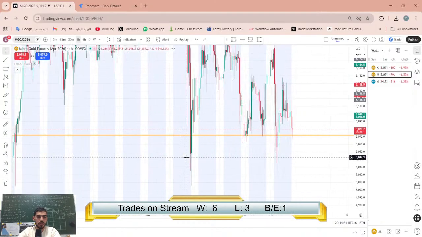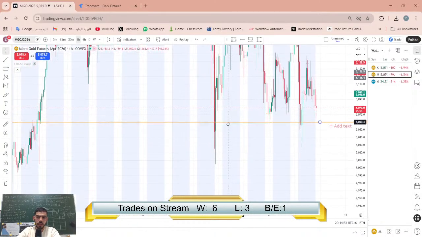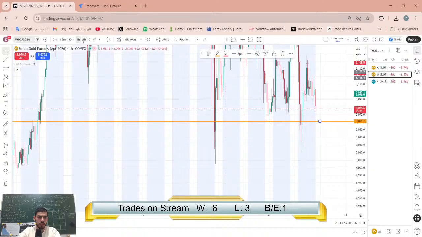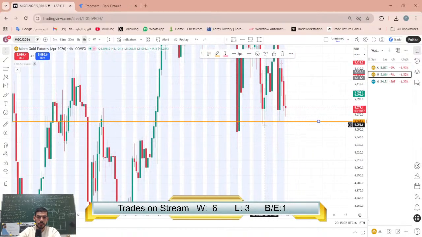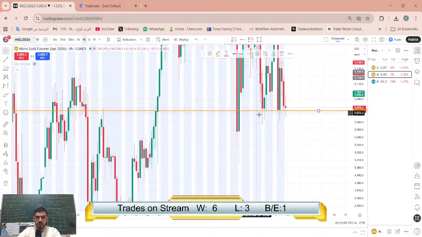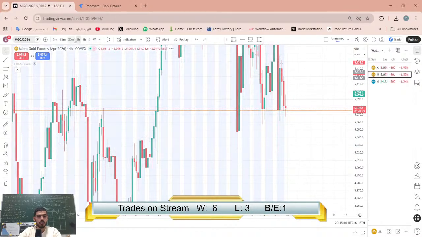This is a really choppy area, and I don't think it's a good idea to trade this area. It's really choppy right about here. I believe we can anticipate some sells to fill this wick to the left hand side.